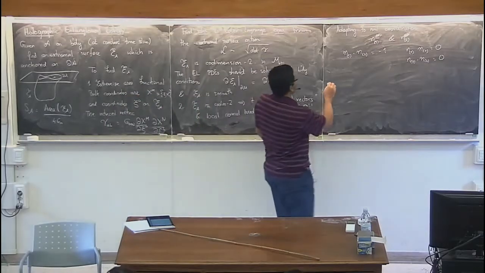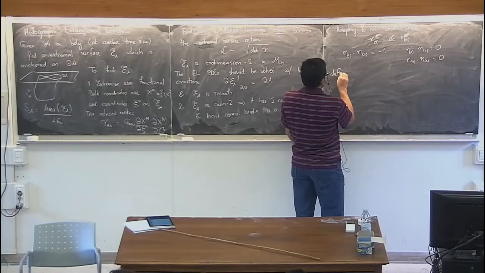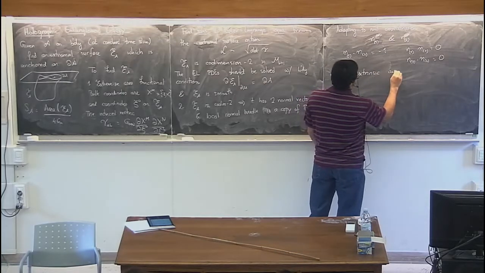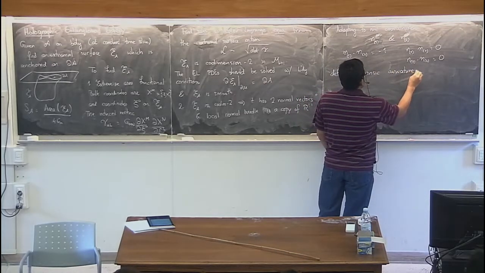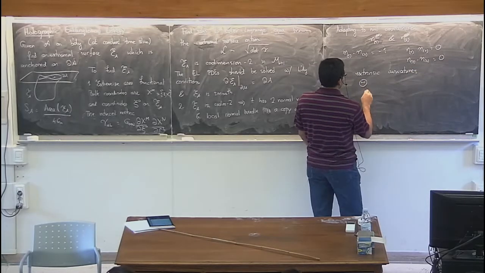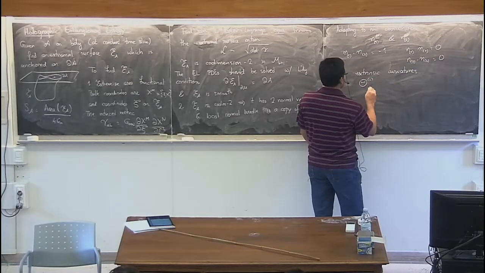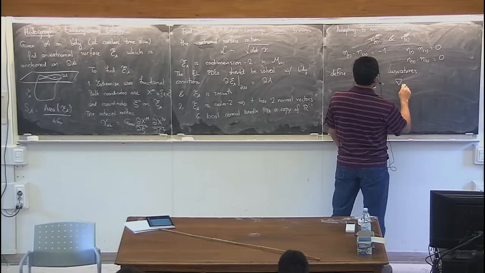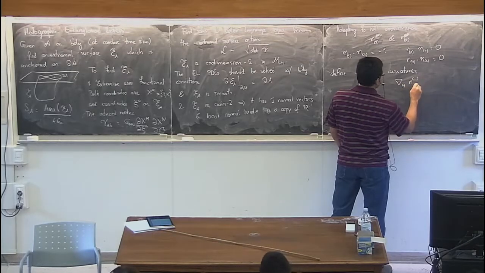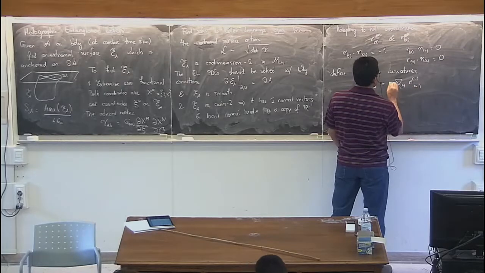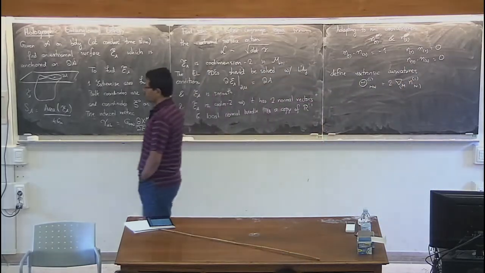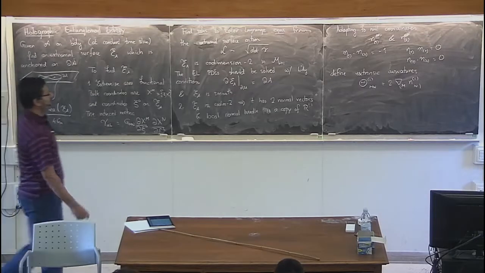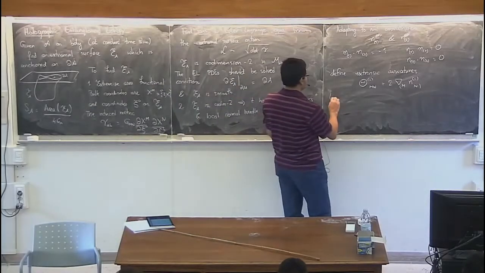And you can define extrinsic curvatures by taking the covariant derivative of these vectors in spacetime, and extremality, you can convince yourself, is equivalent to the vanishing of their traces.